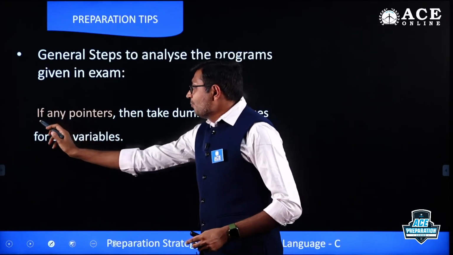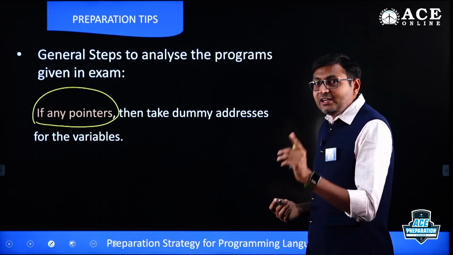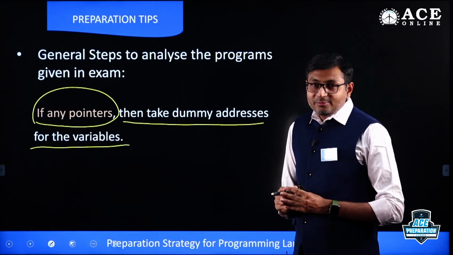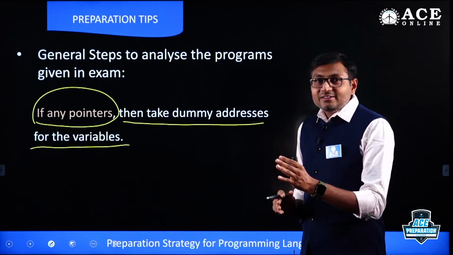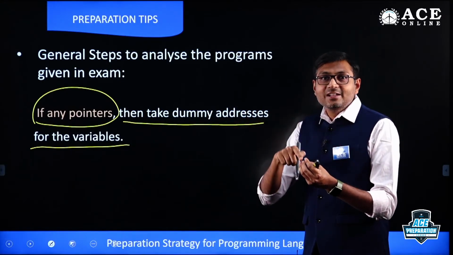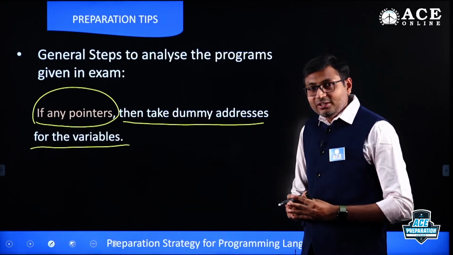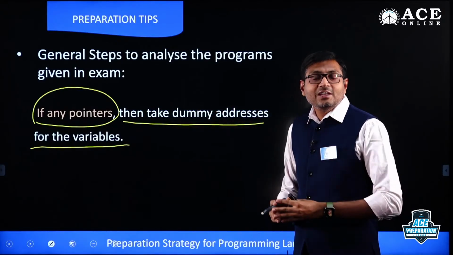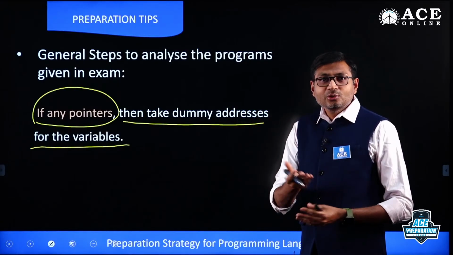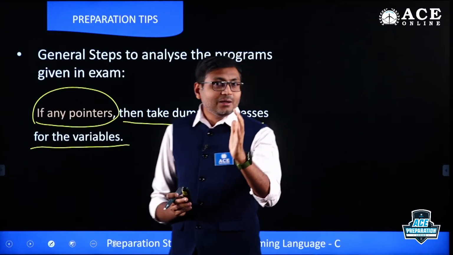Now, if there are any pointers in the program, then do not forget to take some dummy addresses for the variables, because all the pointer variables are nothing but going to hold some other variable's address. That is why, whenever possible, take dummy addresses like 500, 200, 10, 50, you can take any. By taking dummy addresses, the visualization of the memory becomes very clear.